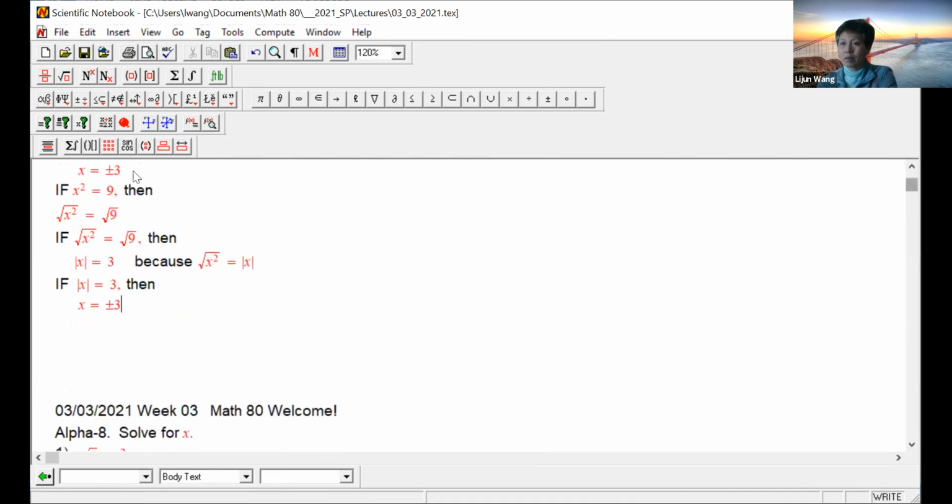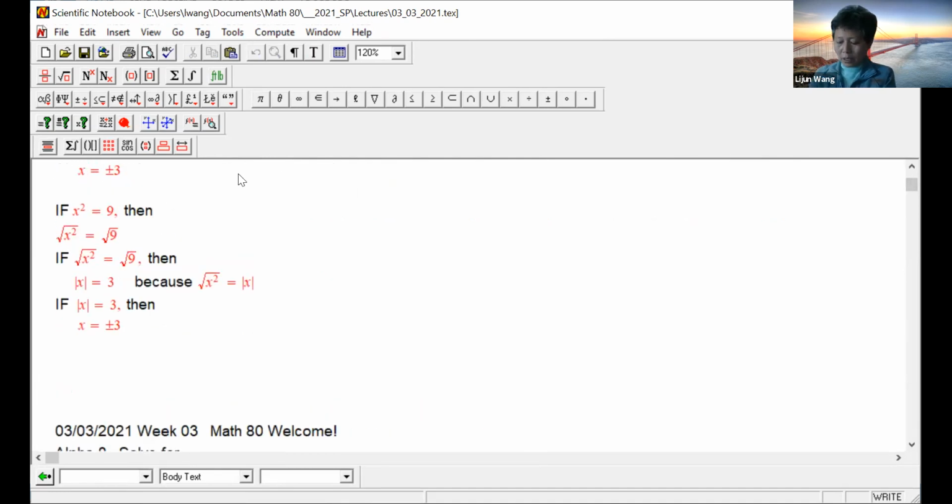But usually, the short version of this process, you remove the if, because you're going to do if then, if then, if then. So the earlier mathematicians say, well, we don't need to do the if then, because we know we're going to do if then anyway, right?